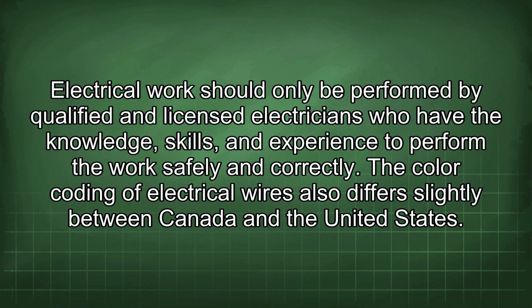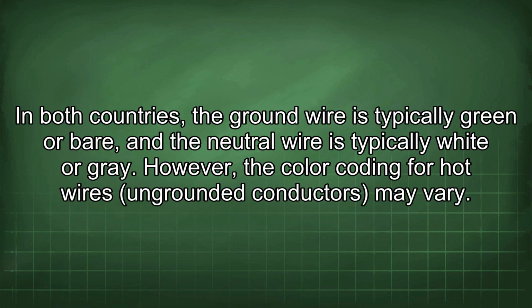The color coding of electrical wires also differs slightly between Canada and the United States. In both countries, the ground wire is typically green or bare, and the neutral wire is typically white or gray. However, the color coding for hot wires on grounded conductors may vary.